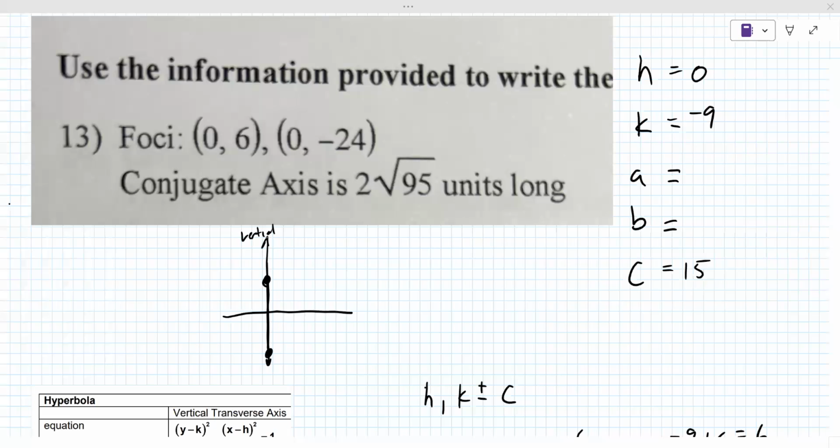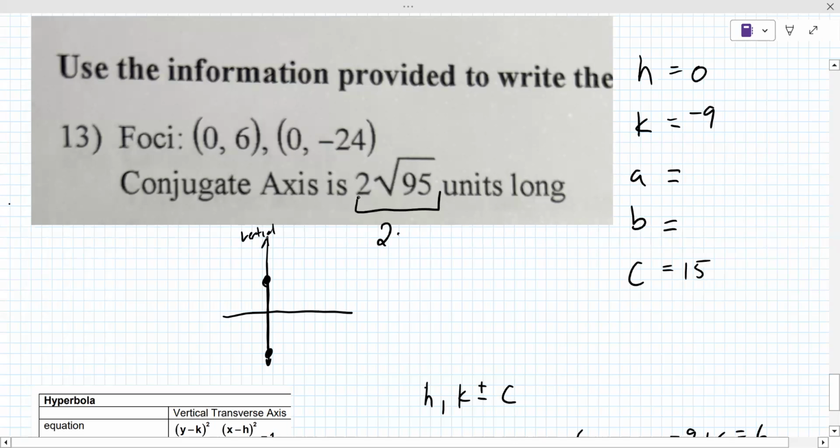I was hoping there was just a formula. Okay, great. Here's the good news. I do have the answer for it. The conjugate axis is 2b. This distance right here is 2 times b. So it works for both x and y.